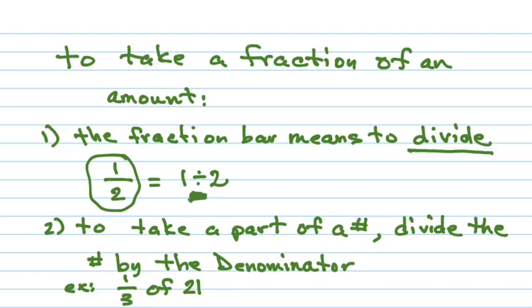So 1/3 of 21 is the same as saying 21 divided by what? What's the denominator of the fraction? 3. And what's 21 divided by 3? And there's your answer. Well, you would multiply it times the numerator, but in this case, what is the numerator? Just a 1. So do you care? There you go. See? Good job.